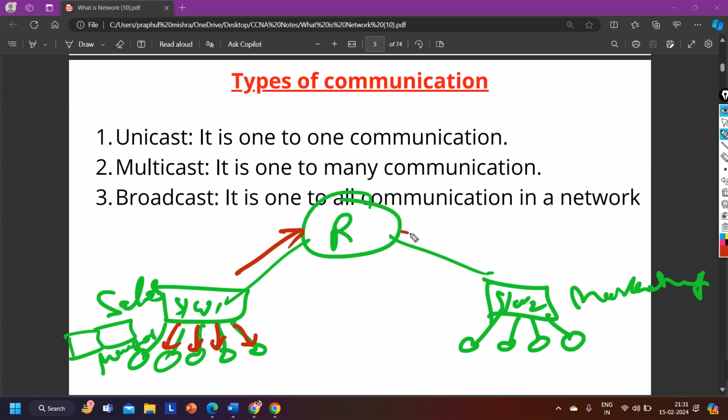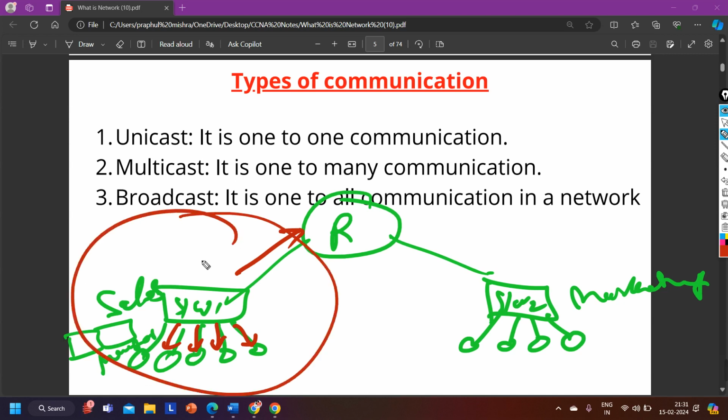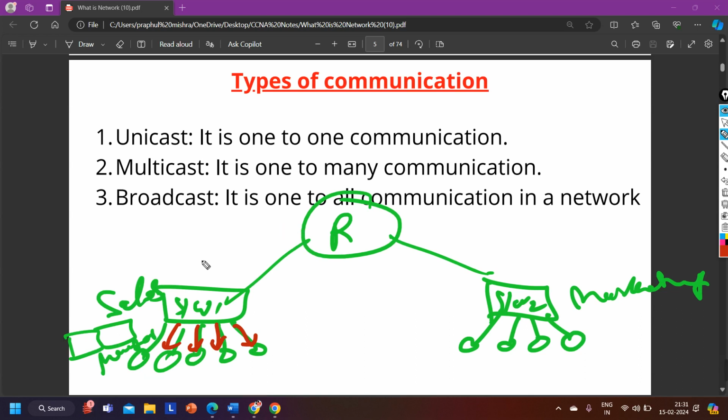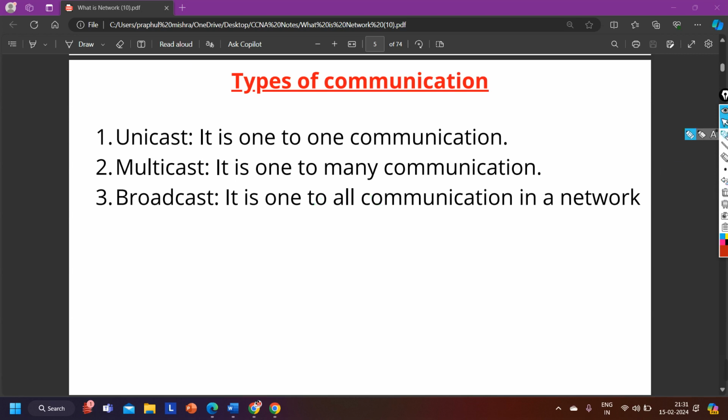The router is not going to forward that broadcast message to switch number 2. That means broadcast means one to all in a network only. Clear? Got it, guys? Yes, sir.